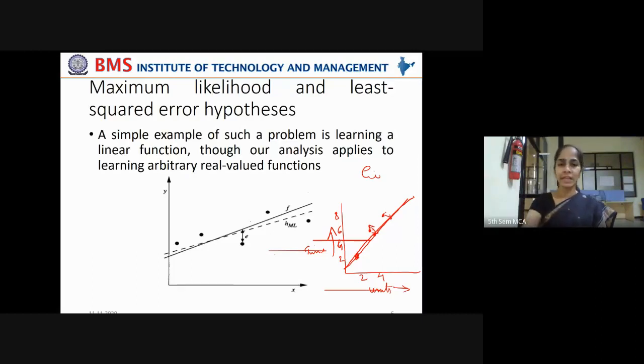Now see in this picture, on the x-axis there is the independent variable, meaning the predictor, which we are using to predict something, and on the y-axis the predicted variable, the outcome.